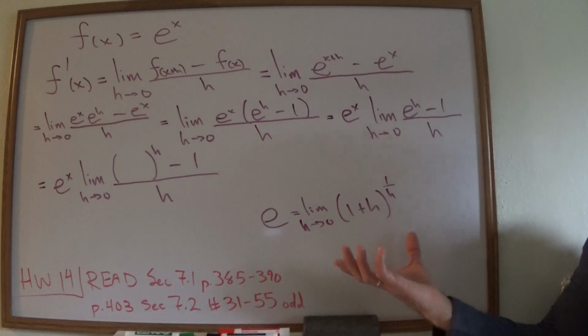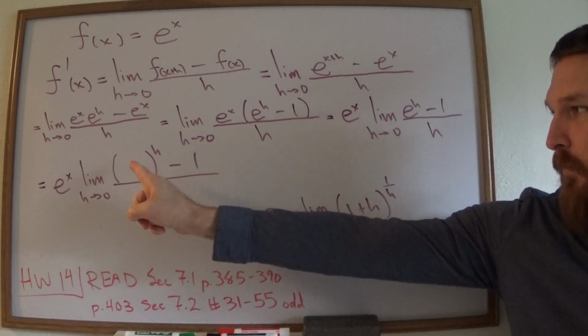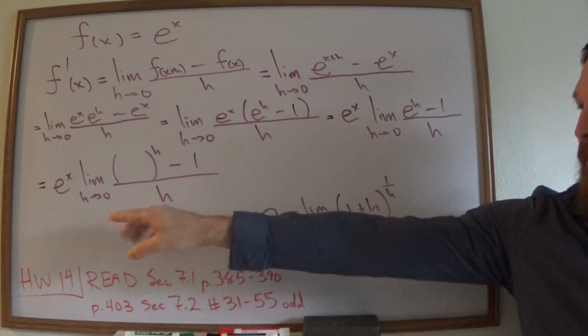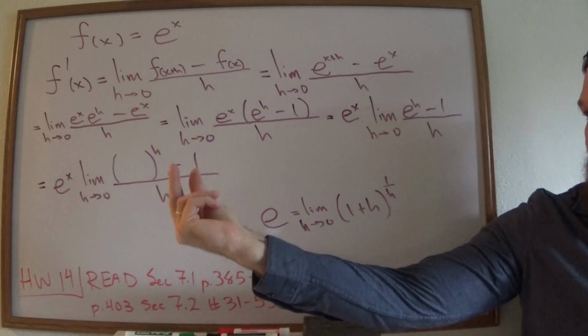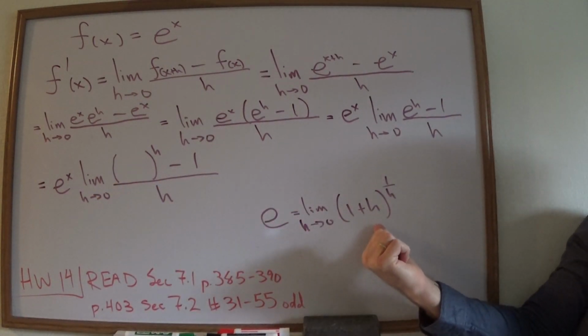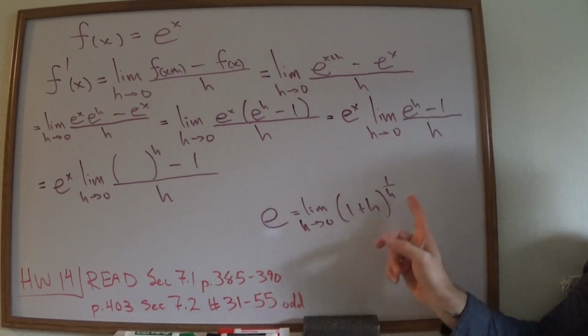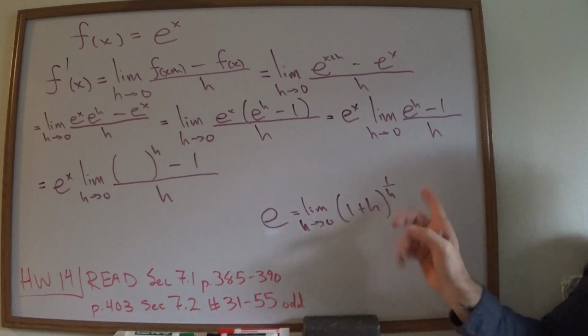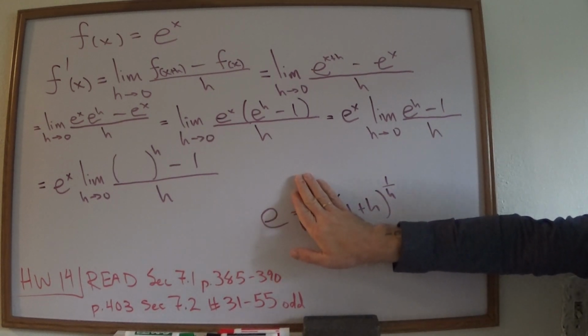Since this limit's going to 0, maybe I can write this as something where this value in here gets closer and closer to e as h goes to 0. Instead of writing it as e to the h, I could just write e as this guy right there, because that h is indeed going to 0. Does that make sense? Yeah.